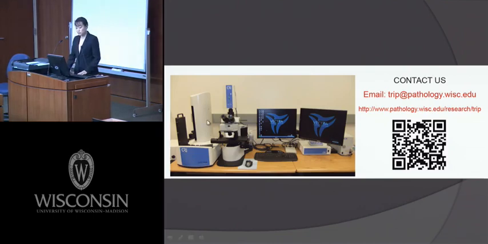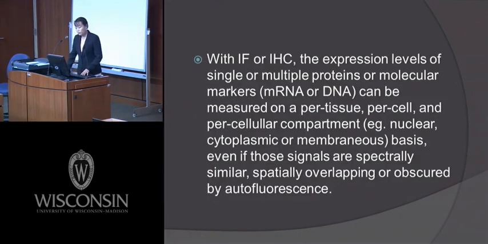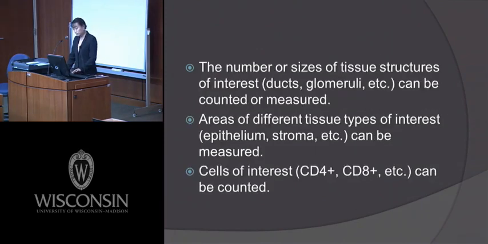This picture shows the Vectra system. On the left side, this is a slide loader. This is a motorized stage and a Nuance system, and this is a computer with software. With IF or IHC, the expression levels of single or multiple proteins or molecular markers, including mRNA and DNA, can be measured on a per tissue, per cell, and per cellular compartment basis, even if those signals are spectrally similar, spatially overlapping, or even obscured by autofluorescence.